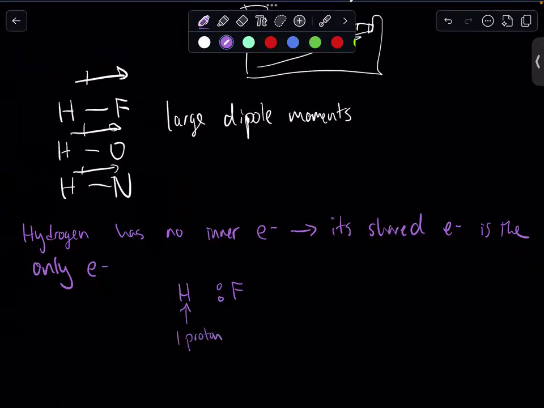We have such a vast differential that this partial positive charge and this partial negative charge are very close to a full positive and full negative charge. All the electrons that hydrogen has are closer to the other element. So this makes this one of the strongest dipoles that can exist. There's no electron repulsion happening within the hydrogen.